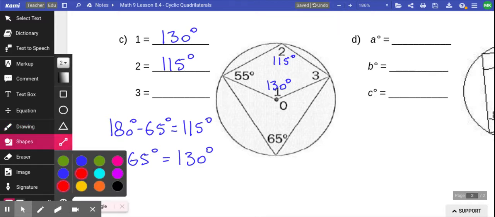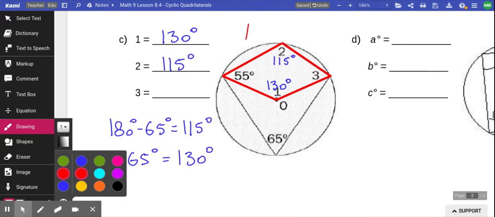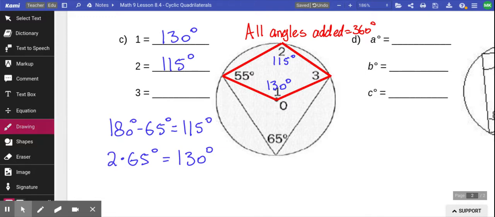That rule is that if you have a quadrilateral, and it can be any quadrilateral, so this doesn't have to be a quadrilateral that touches the outside of the circle, all the angles added together equal 360 degrees. And we have that nice little red quadrilateral, so we should be able to add those angles up to be 360.